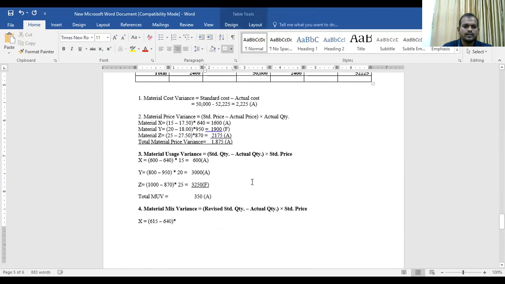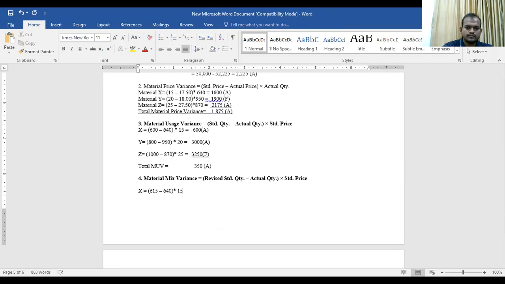Standard price is 15. So it comes to around 375. How much is the revised quantity? 615. But how much did we spend? 640. It means we are in adverse variance.